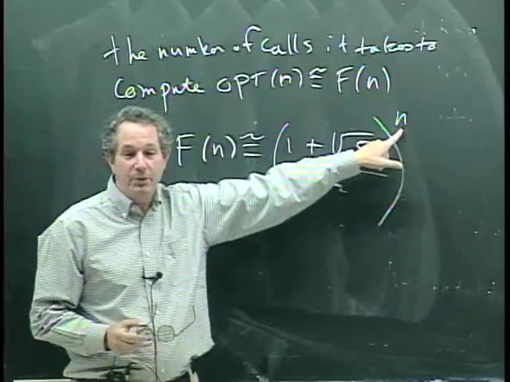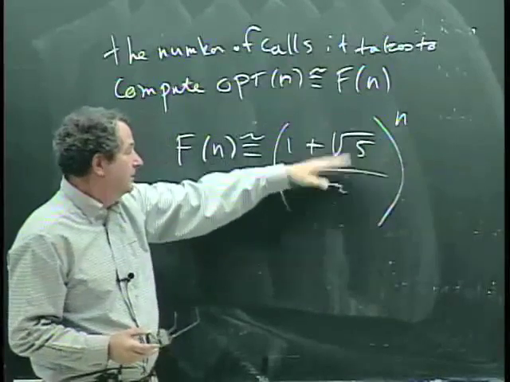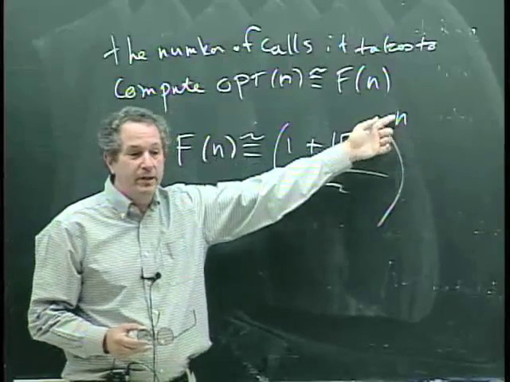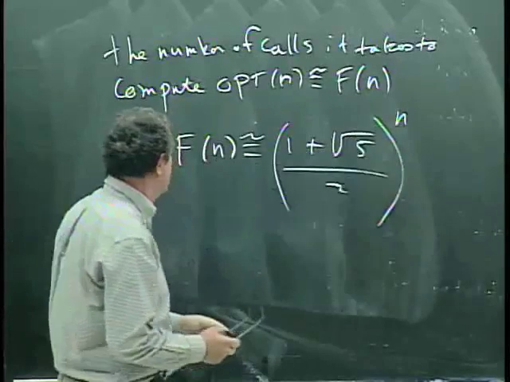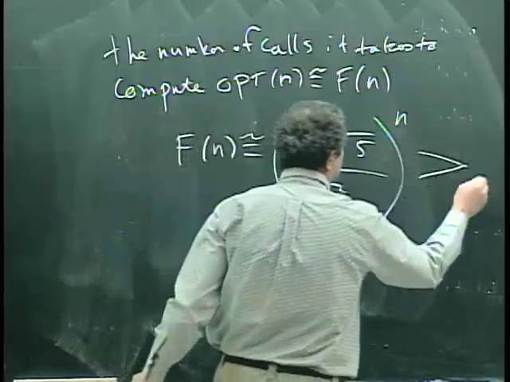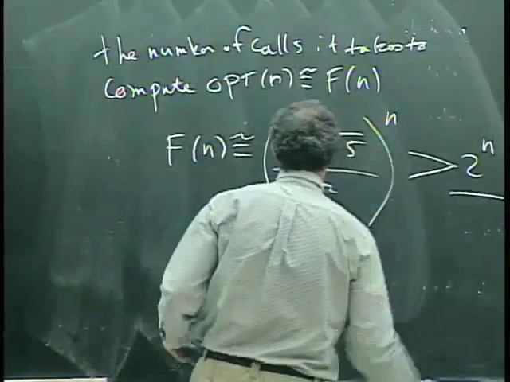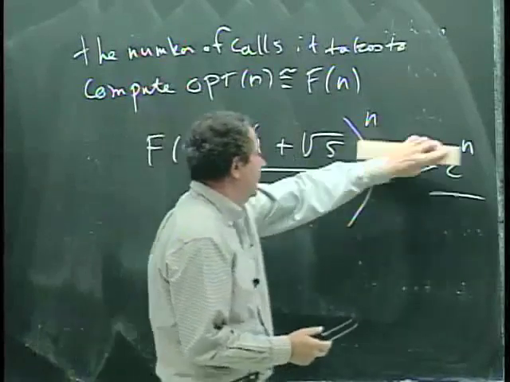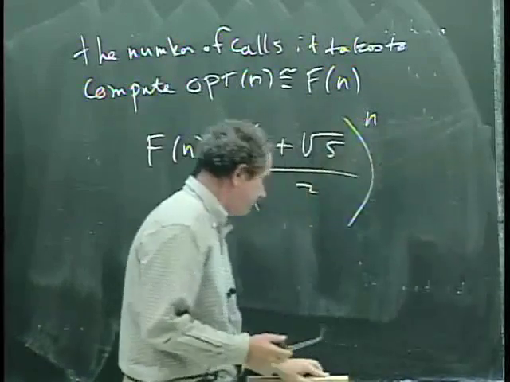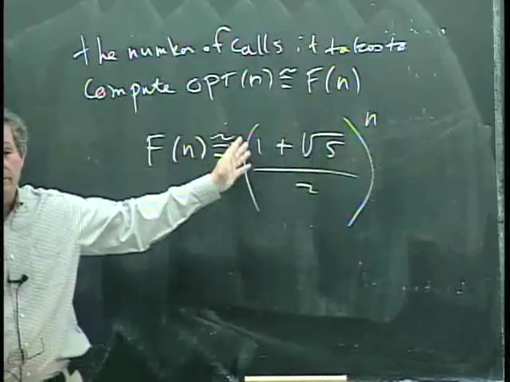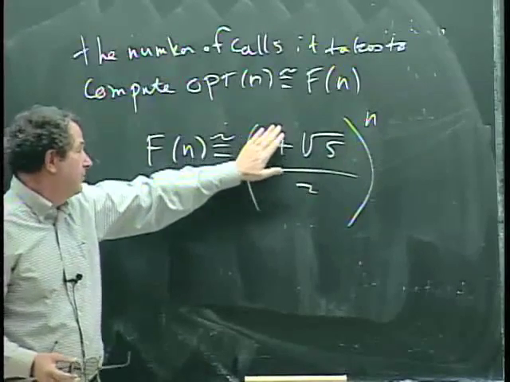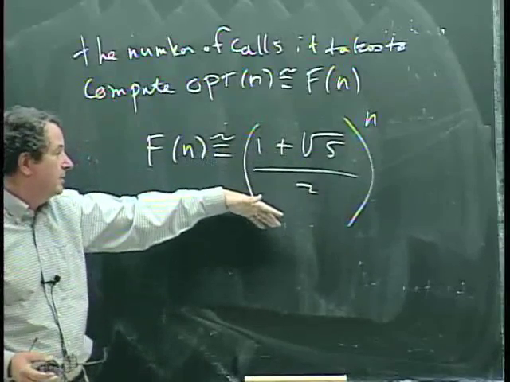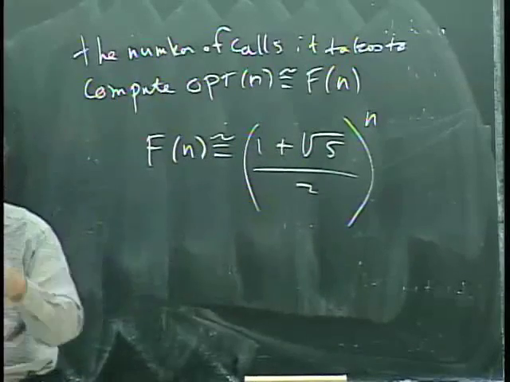The n is in the exponent here. So this is very rapid growth. Certainly it's bigger, f of n is bigger than 2 to the n. Well, this isn't bigger than 2 to the n, is it? No. But all right, it's exponential. Very rapid growth. And actually, figuring out this closed form is a classic exercise in many math classes. Remembering it is not, but thank you for remembering what it is.